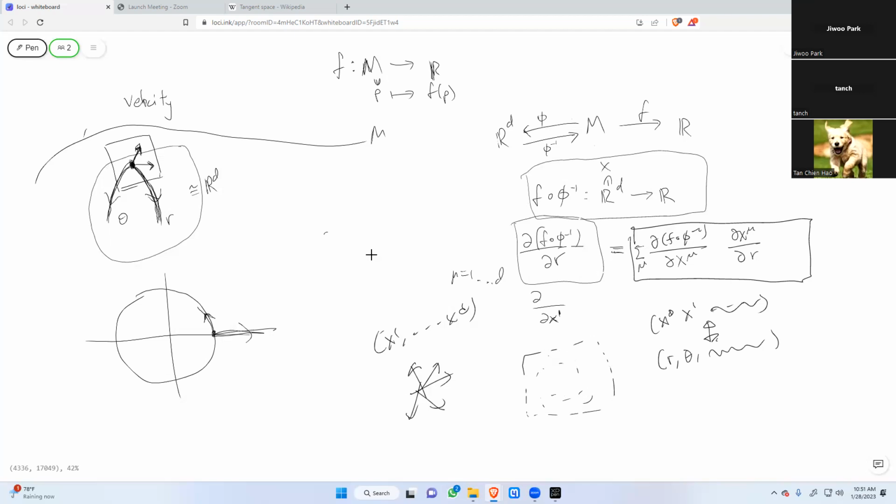Okay, then, I'm trying to lead to a definition of tangent space.